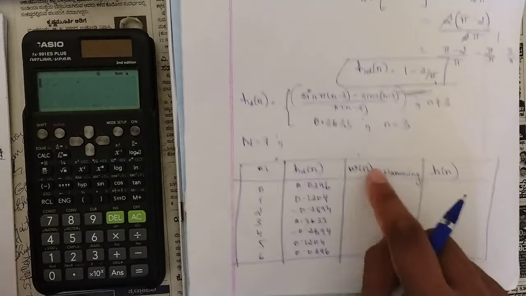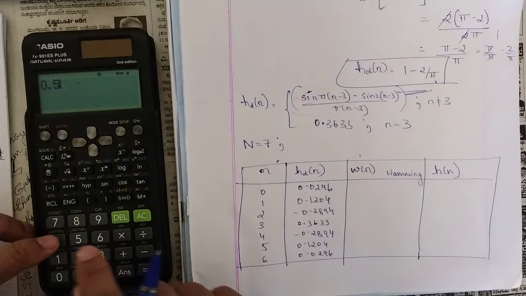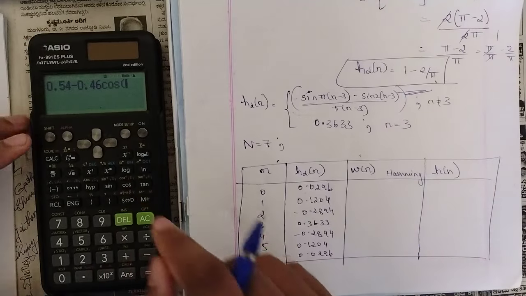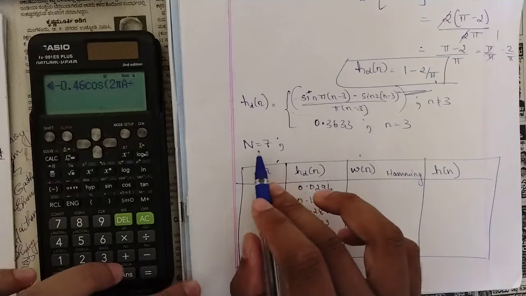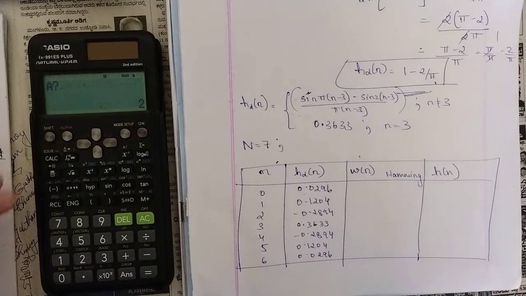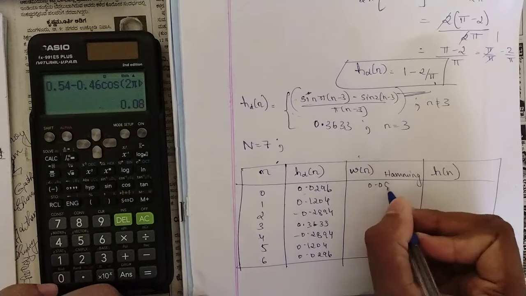Now for the Hamming window omega[n], the formula for the Hamming window is 0.54 minus 0.46, that you know, right? cos(2πn divided by N minus 1), that is 7 minus 1, which is 6. Okay, so calculator button. Again for 0, check the value. This is 0.08.